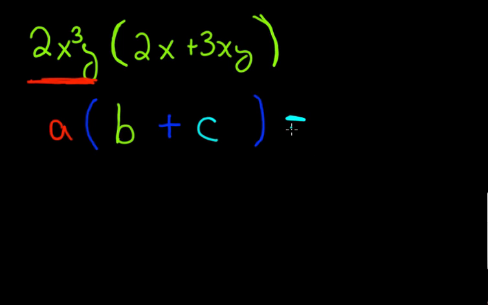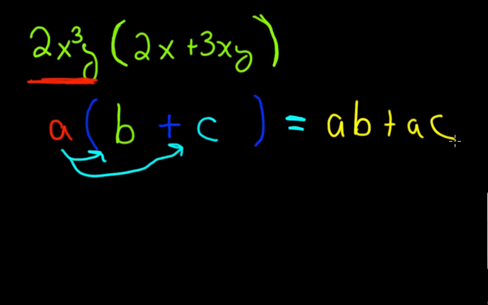Well, we have a distribution rule that said that we could distribute a to both parts here.